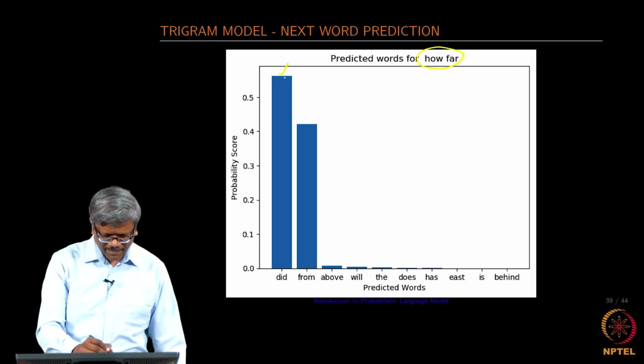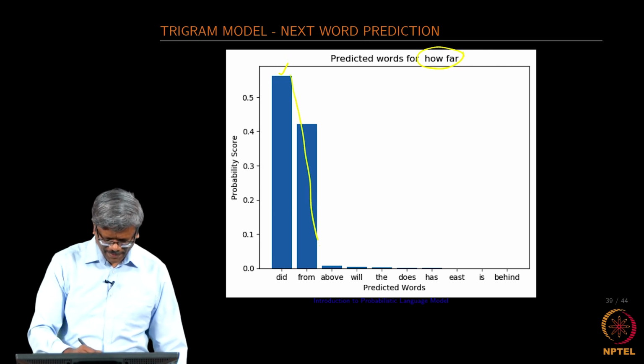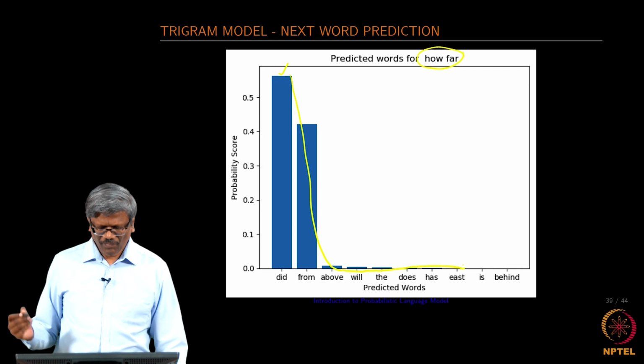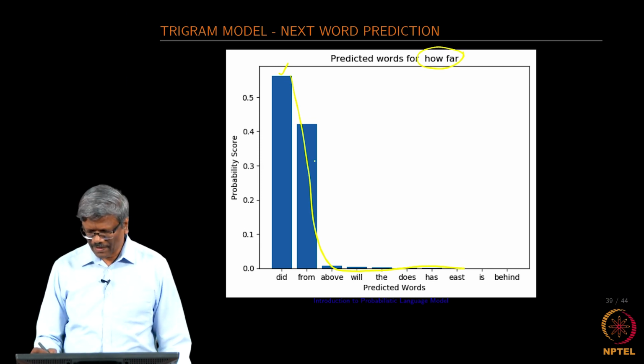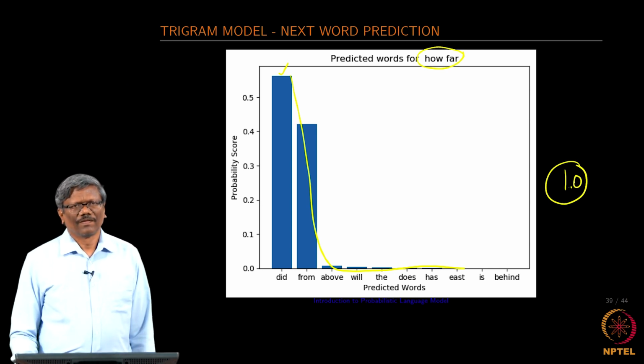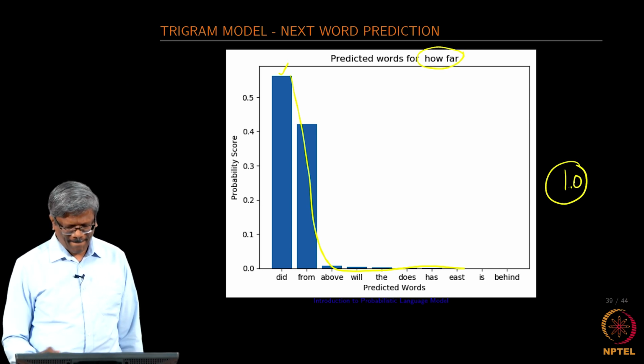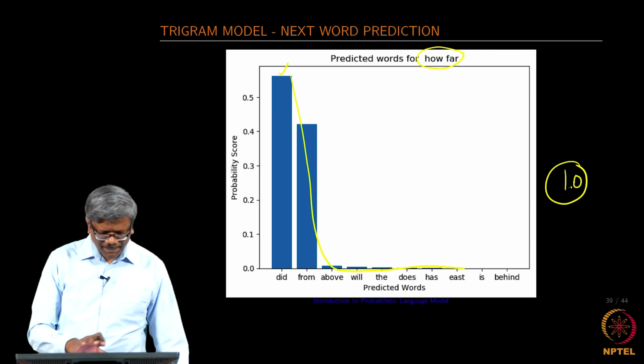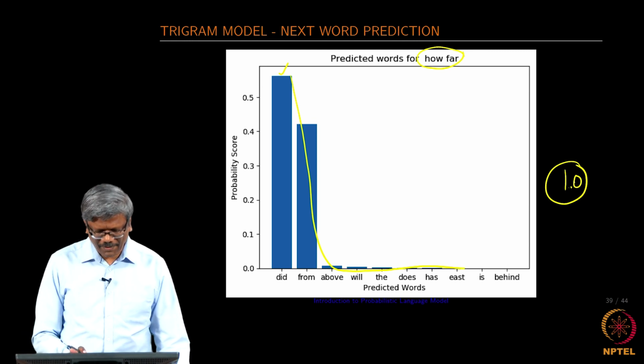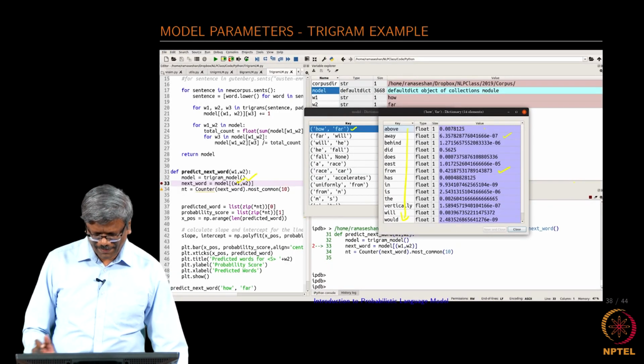And you can look at this, it goes like this, and if you sum all of this, you will have 1.0 at the end. Okay. I have only picked up the top 10 words that we have here.